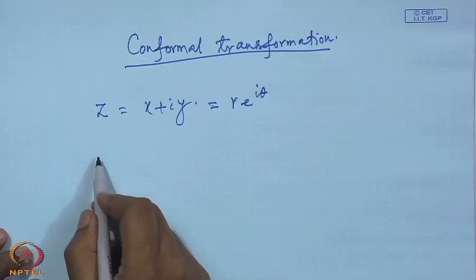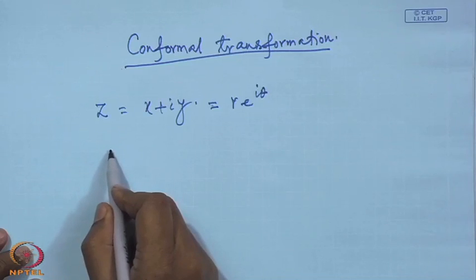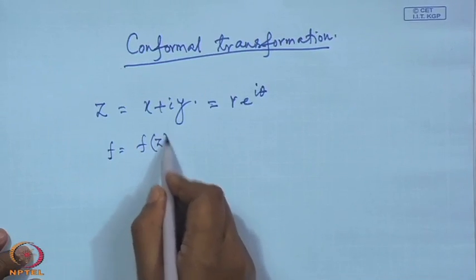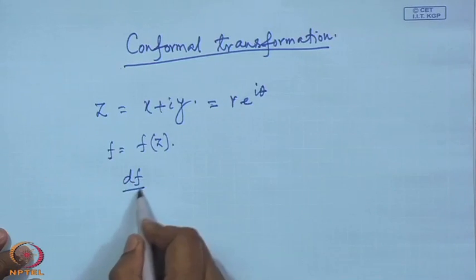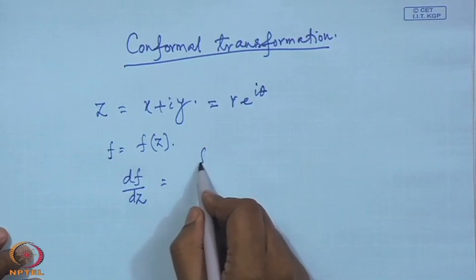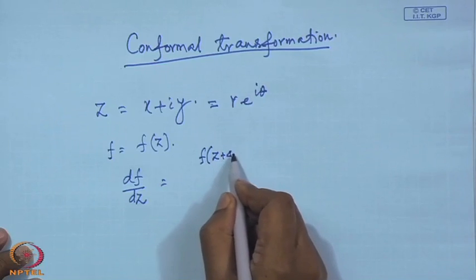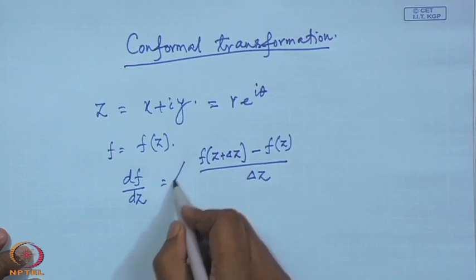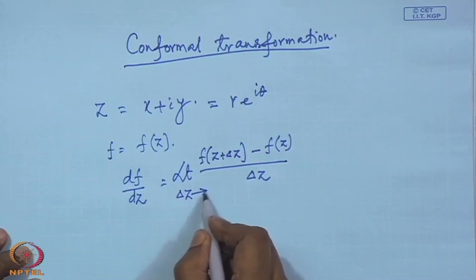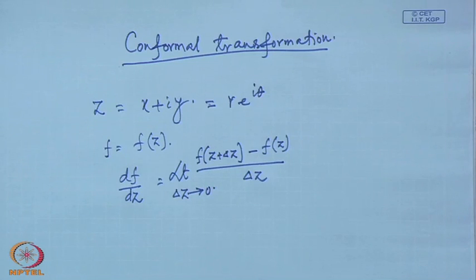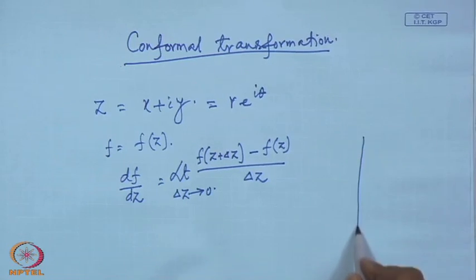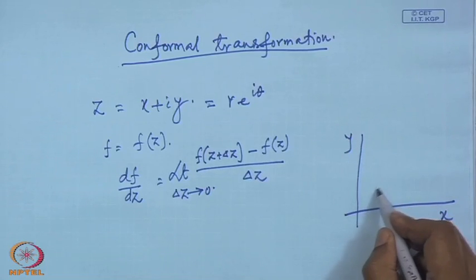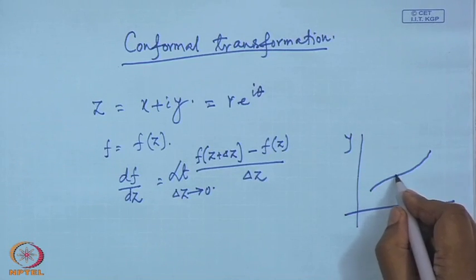About the differentiation, we have, let us say, if we have a function f of z, and this by definition, as you know, and since this increment delta z, if we look at a function represented in the x y plane, let us say this is that function, then this delta z, the increment, can follow any path.